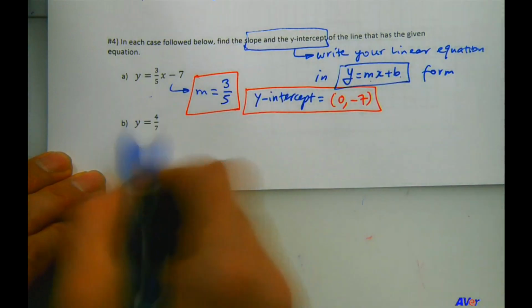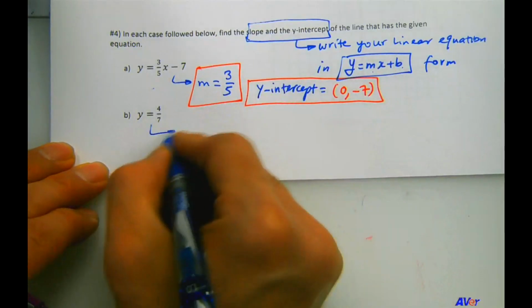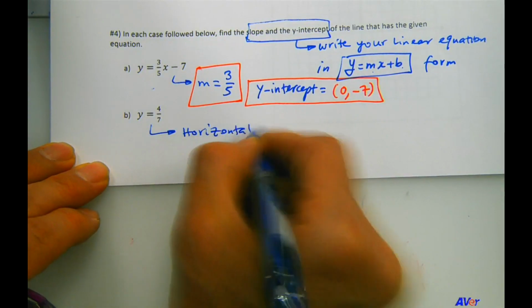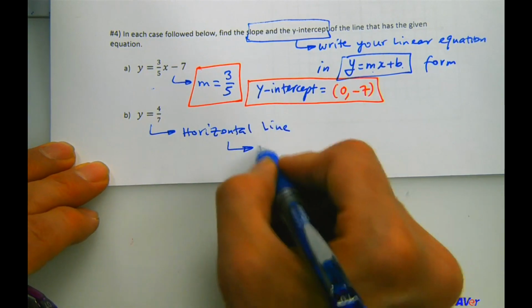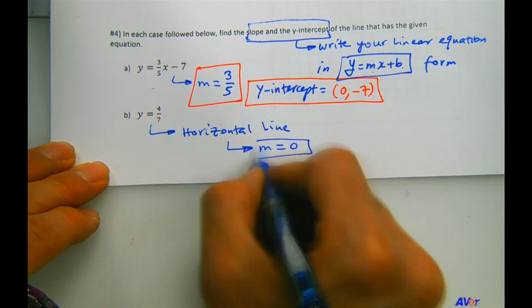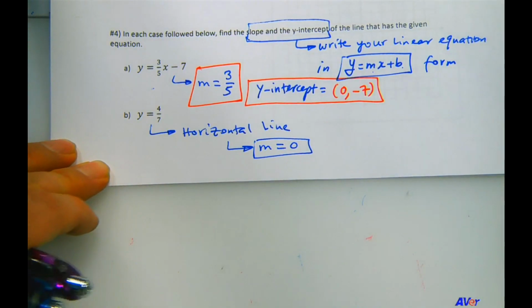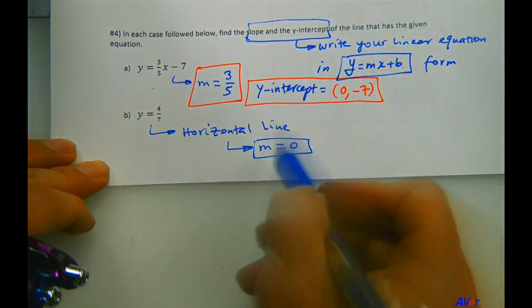we know that this is a horizontal line once again, right? A horizontal line. Therefore, the slope is going to be equal to 0, right? We already talked about that. The slope of any horizontal line is always 0.